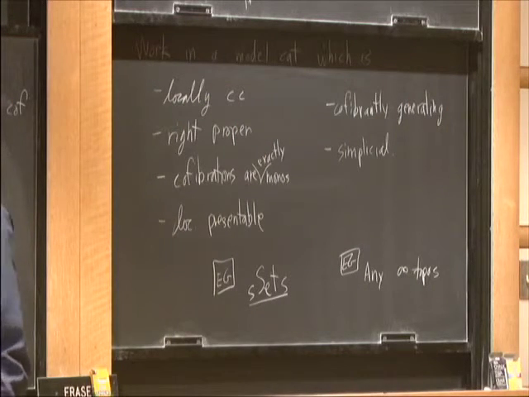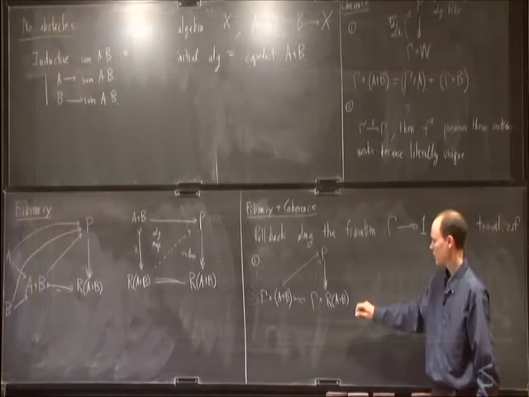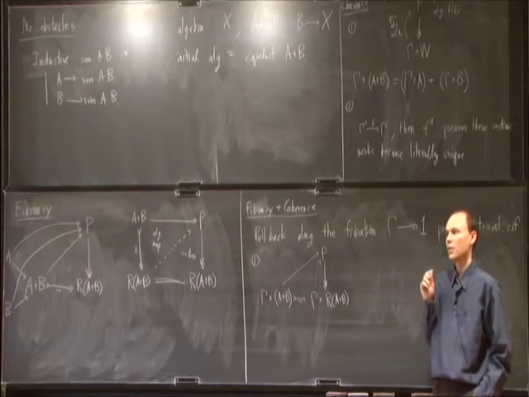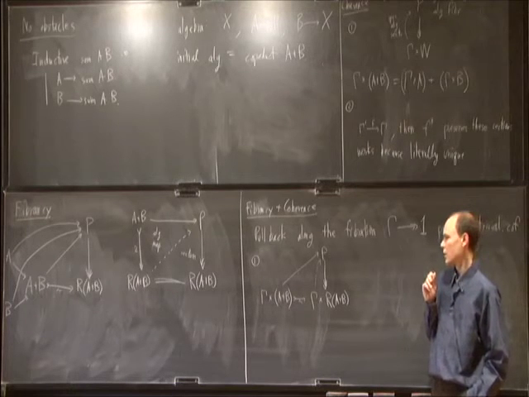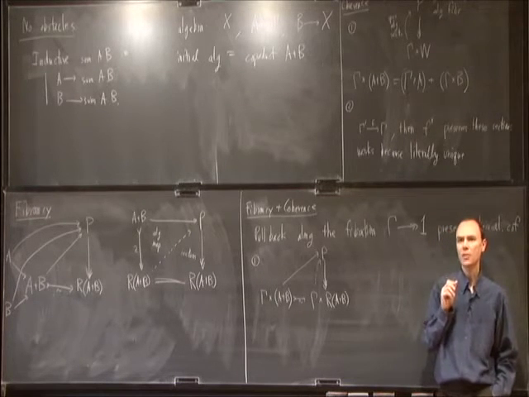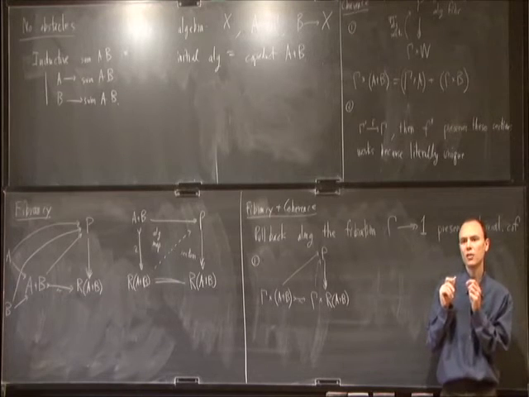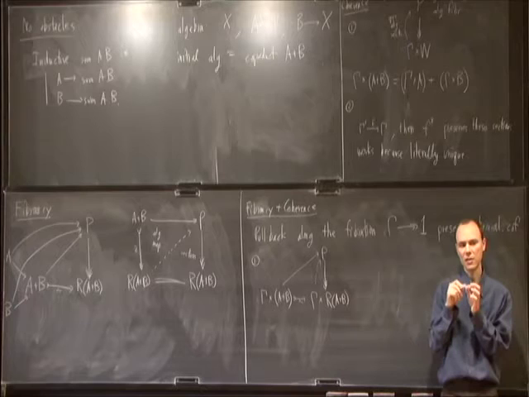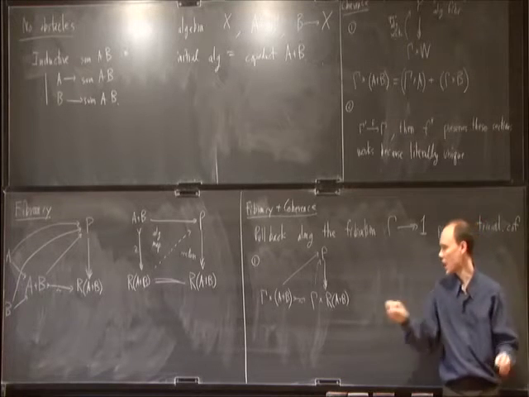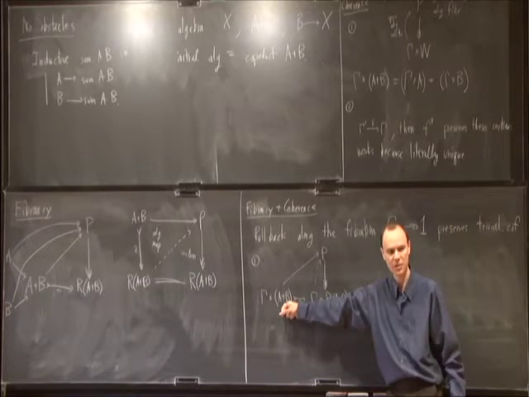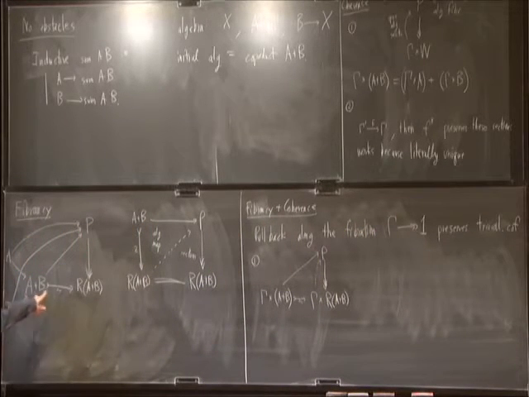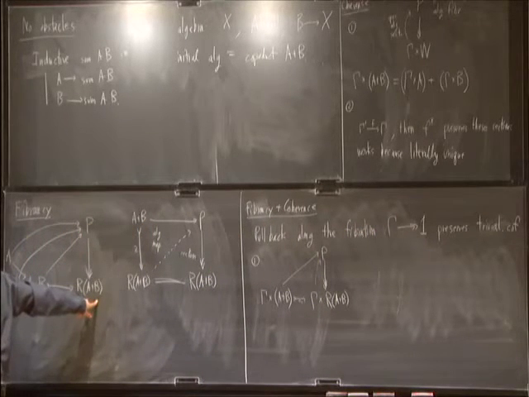Maybe you don't need to invoke right properness to get that, because gamma is fibrant. If I don't have right properness, then pullback of a weak equivalence between fibrant objects is preserved, but a plus b is not necessarily fibrant. So this weak equivalence from this non-fibrant object to this fibrant object might not be preserved.